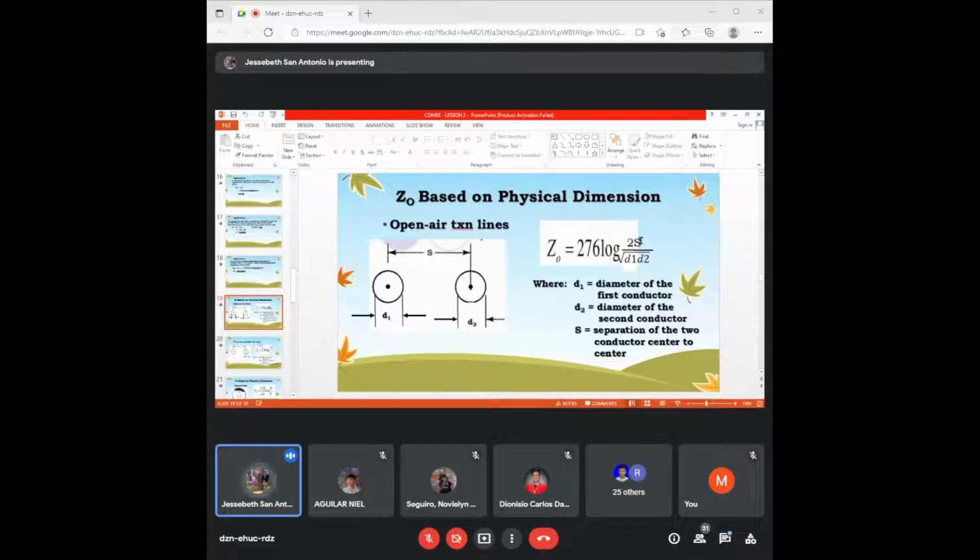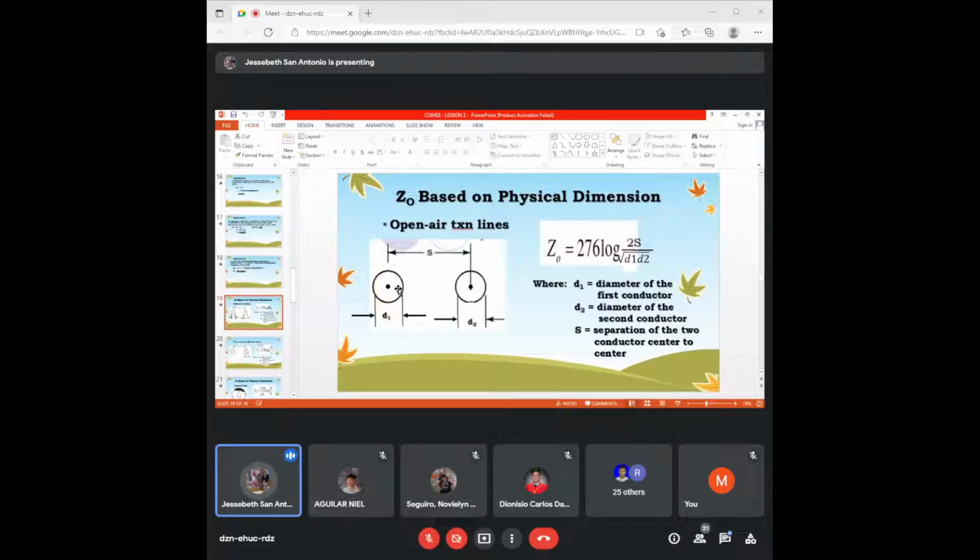Okay, ipakilala ko sa inyo to. S refers to the distance from the center of one conductor to the center of the other conductor, or center to center separation between the conductors, no? Center to center separation. Hindi mula dito or doon, kundi gitna.